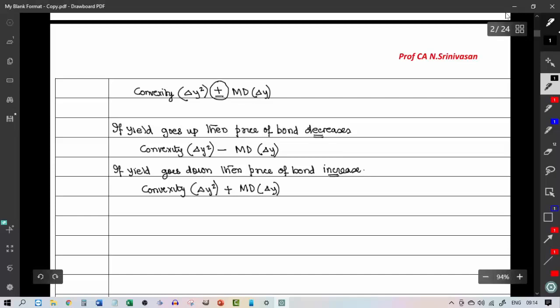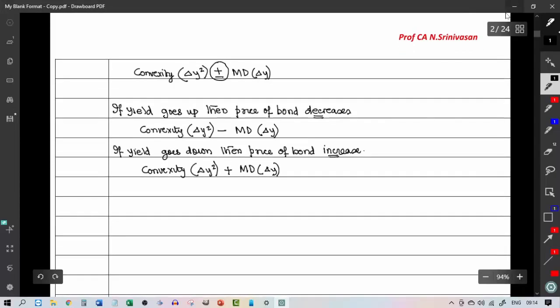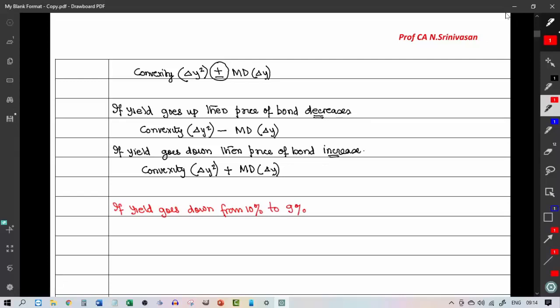Now let's see how this works in this case. Now we have calculated convexity as 79, right? So let's first calculate for if yield goes down from 10% to 9%, then what will be the change in the price of the bond?